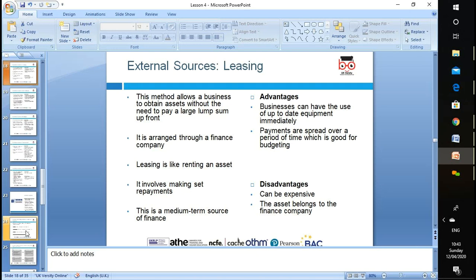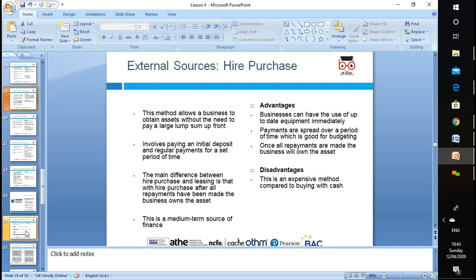Leasing is like renting an asset and it involves a set of repayments, and this is a medium term source of finance. So we need to look around, the businesses can use up to date equipment immediately and the payment, so you have to make the decision.